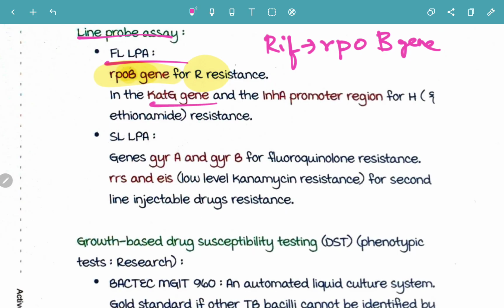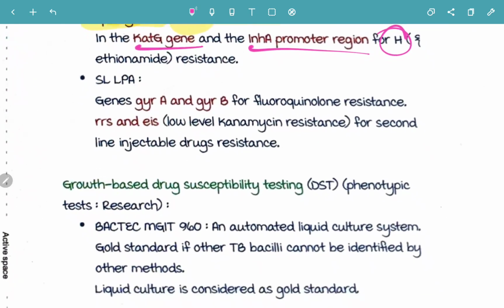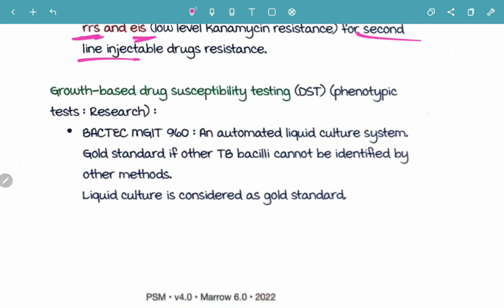And katG gene and inhA promoter gene for isoniazid resistance. So for rifampicin, it's going to be rpoB gene. Second line probe assay genes are gyrA and gyrB for fluoroquinolone resistance. And rrs and eis is for the other second line injectable drugs like kanamycin, amikacin, all of those drugs.